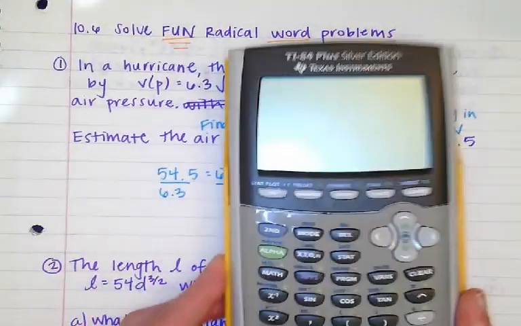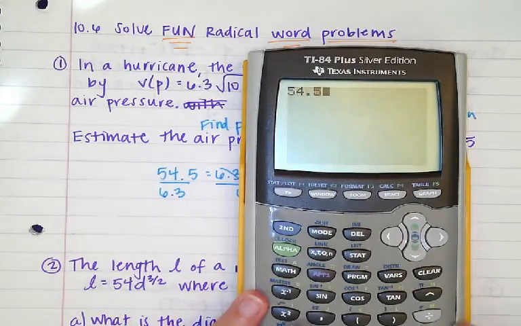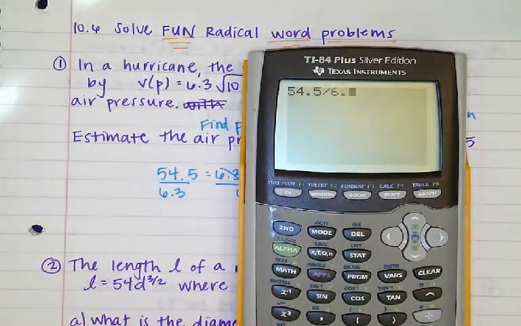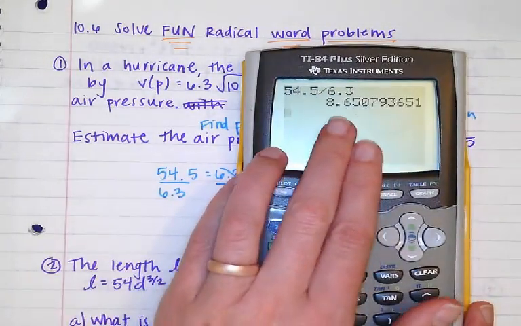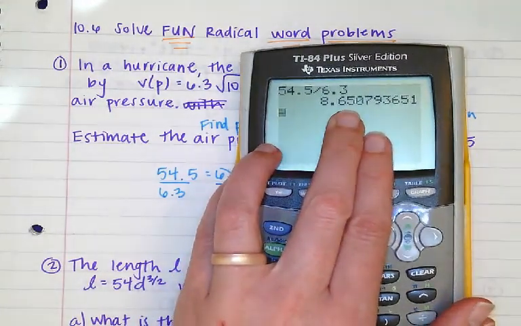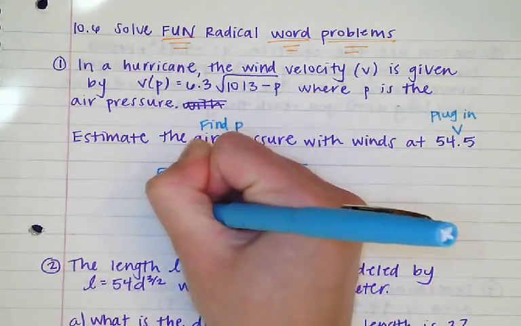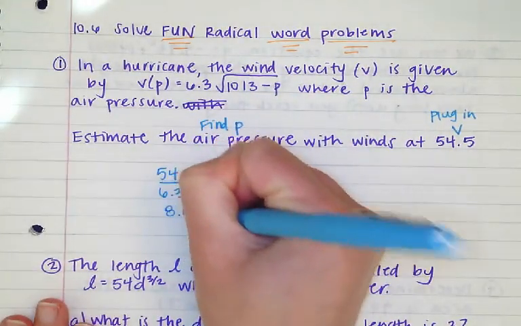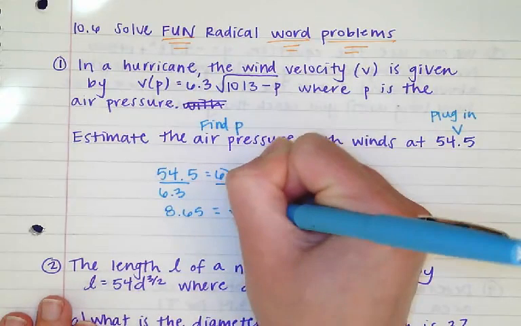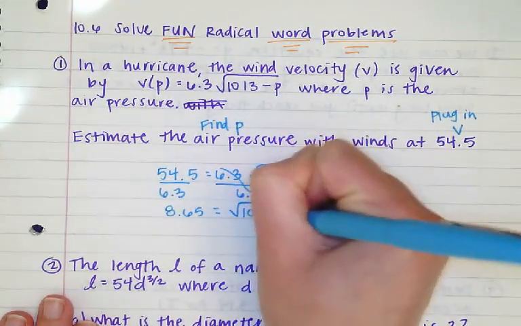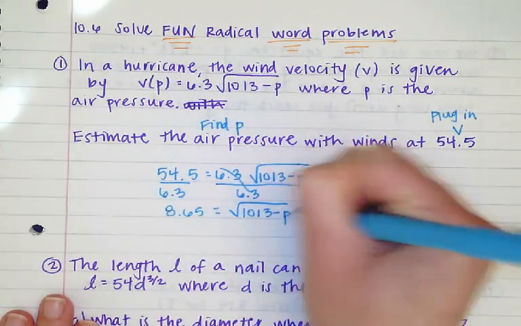Get a calculator over here, 54.5 divided by 6.3. Okay, we're going to go ahead and round that to the nearest hundredth. Let's keep it at 8.65 equals the square root of 1013 minus p.